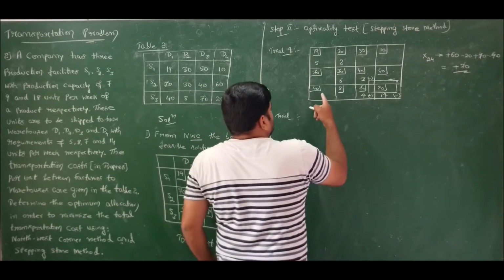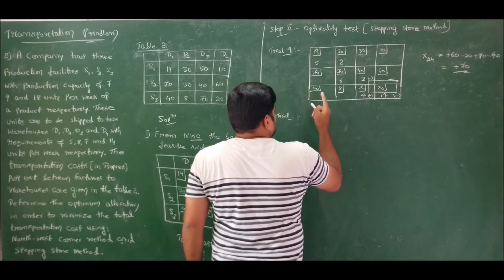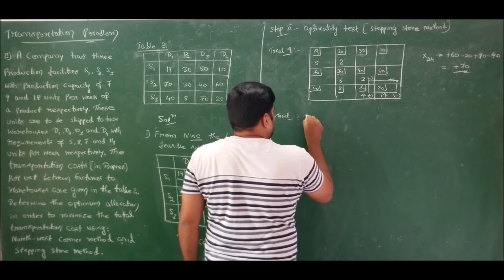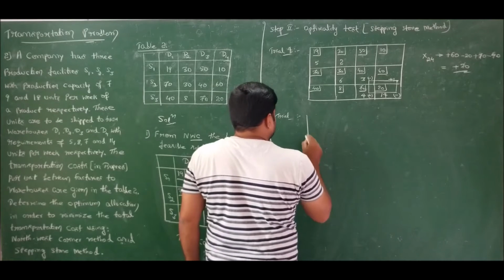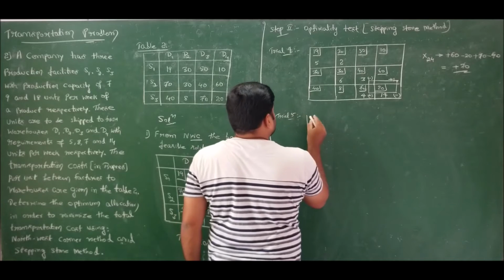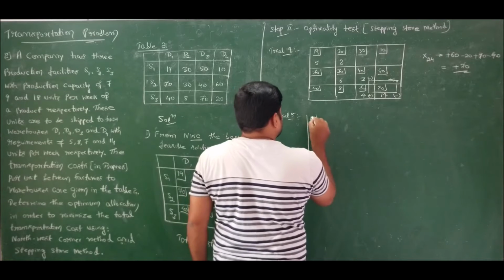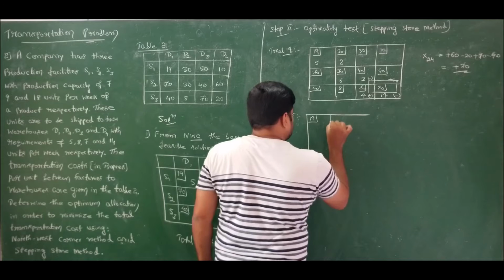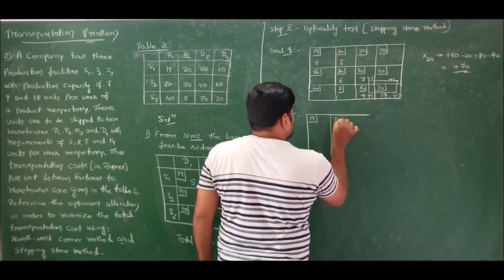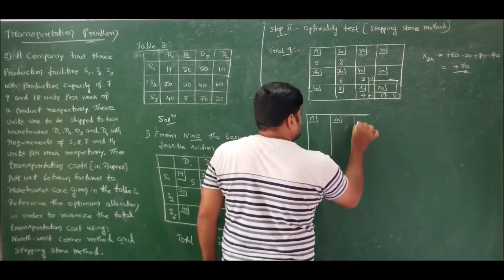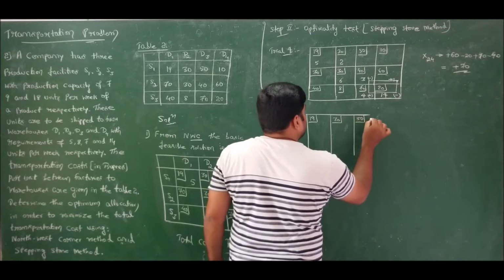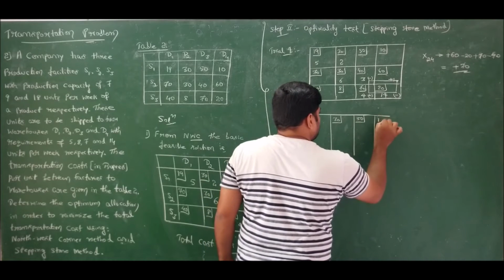Move to check this cell. So if I check for the unallocated cell x31 in trial 5, we have 19, then we have 30, then we have 50 and then we have 10.